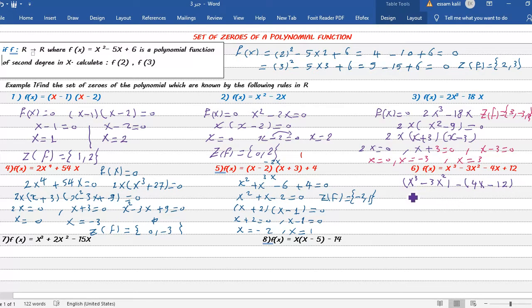What is the common factor between x power 3 and x power 2? Take x power 2 as common factor. Then the result: x power 3 divided by x power 2 becomes x, and negative 3x power 2 divided by x becomes negative 3. Minus, take the 4 as common factor, so it becomes x minus 3.